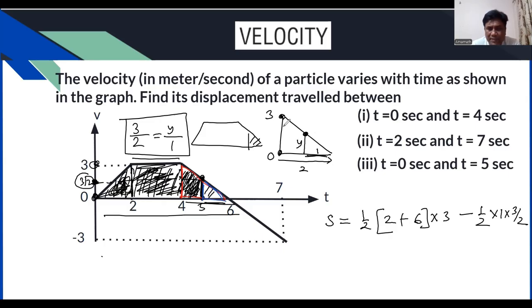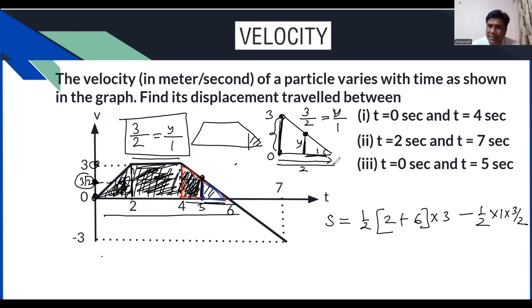So as the two triangles are similar, perpendicular by base equal to perpendicular by base. Both will be tan theta only, na? Same theta. This is perpendicular, okay?